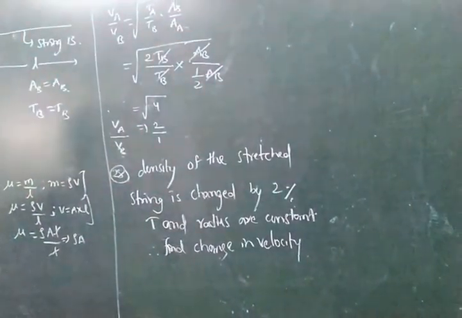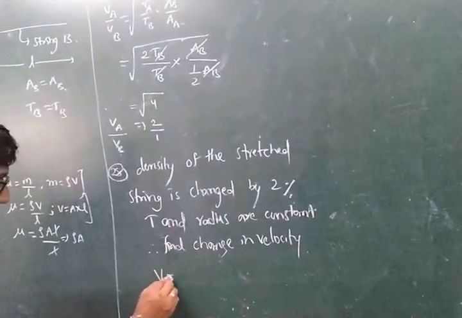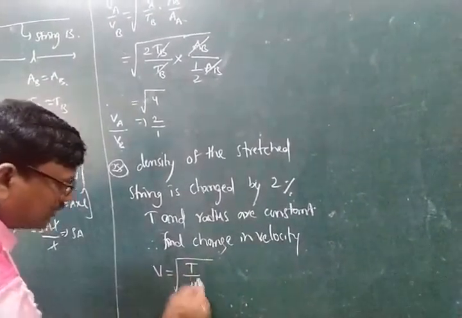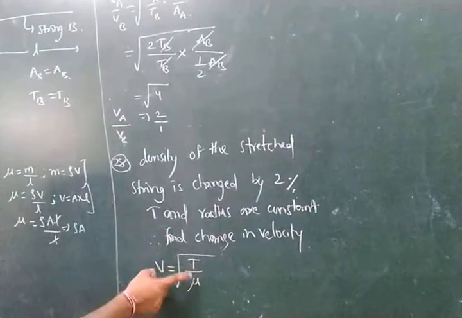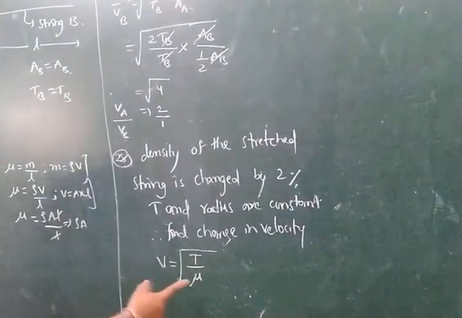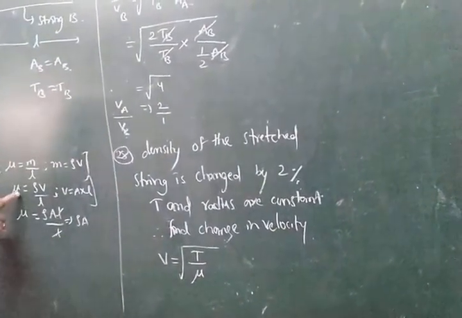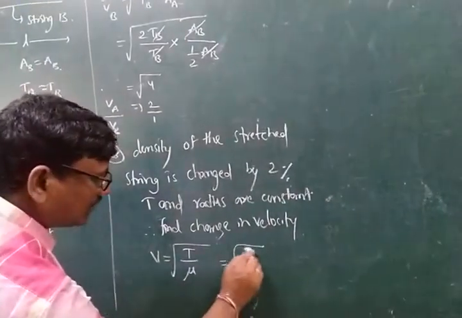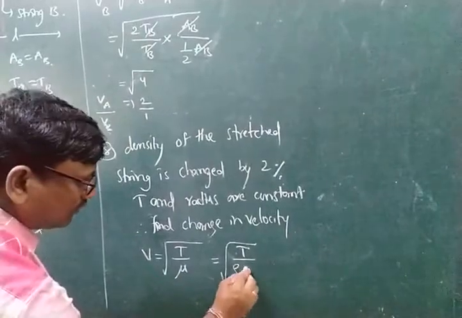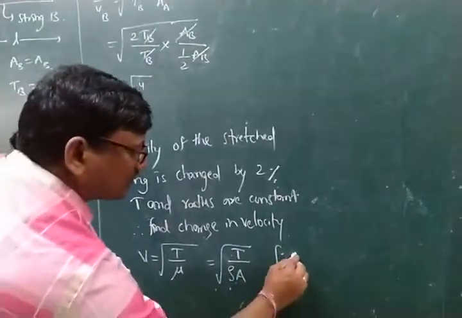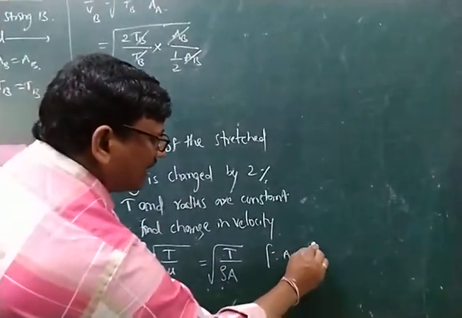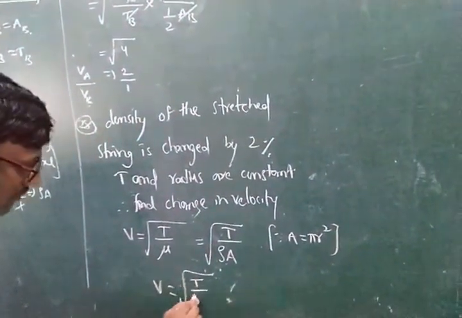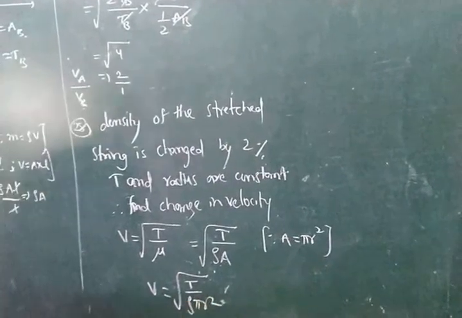We know the formula. The velocity of a transverse wave V is equal to the square root of T by nu, tension by linear density. The linear density is equal to density into area, so V is the square root of T by rho into A. The area of the wire is pi r squared. Substitute: V is equal to the square root of T by rho into pi r squared.